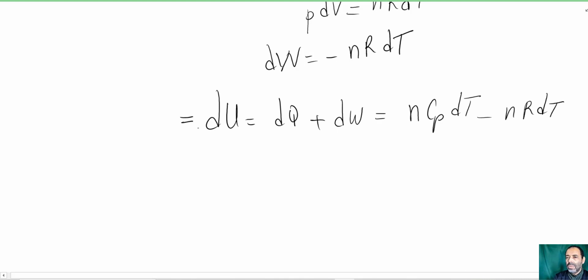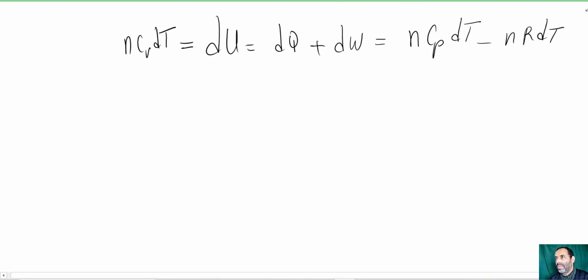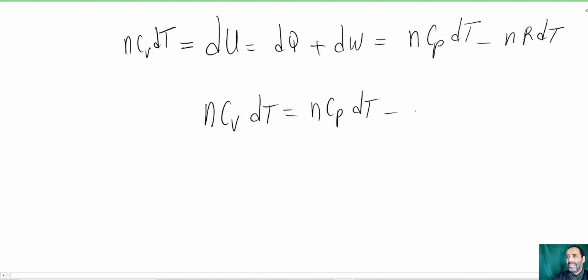Whereas I argued earlier that the change in the energy of the gas is always equal to nCv dT, the number of moles times the molar specific heat at constant volume times the change in temperature. So this is the expression that we ended up with then. nCv dT is equal to nCp dT minus nR dT.